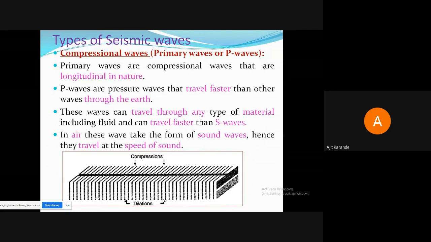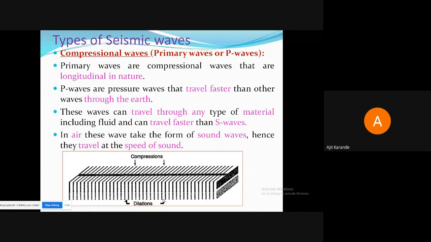P waves are the fastest waves, and their velocity is about 1.7 times that of S waves. They can pass through any material like solid, liquid, etc. P waves obey all the laws of physics and they are similar to sound waves because they travel in air mediums as well.